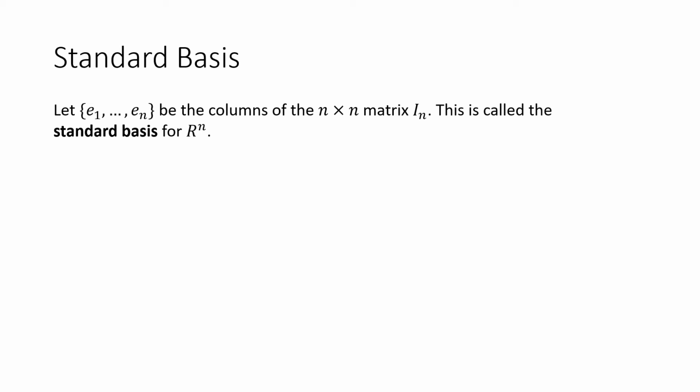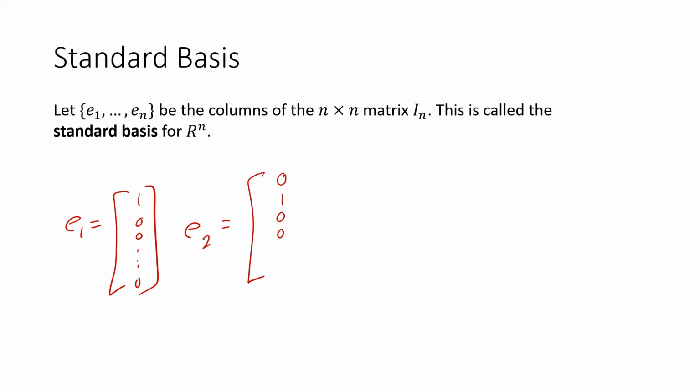We have this notion of a standard basis when your vector space is Rn, is all of Rn. So a standard basis is the columns of your identity matrix. This is denoted as E1 equals 1, 0, 0 all the way down. E2 is where you have the 1 in the second position, and so on.